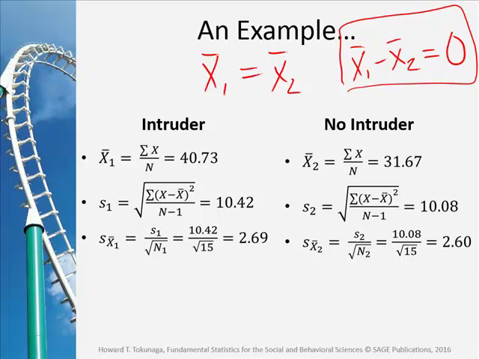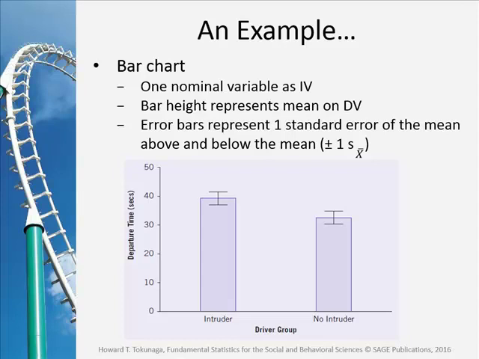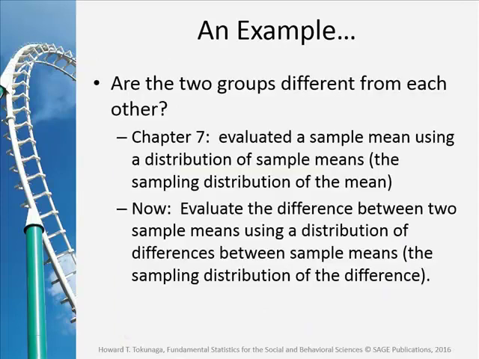That's the number that we're going to test. So what we're asking ourselves is, are these two groups different from each other? Recognizing that we only have 15 observations from a sample that is drawn from the population.